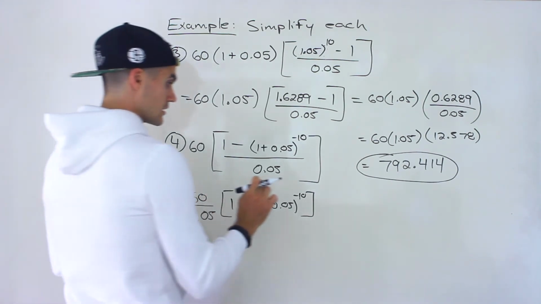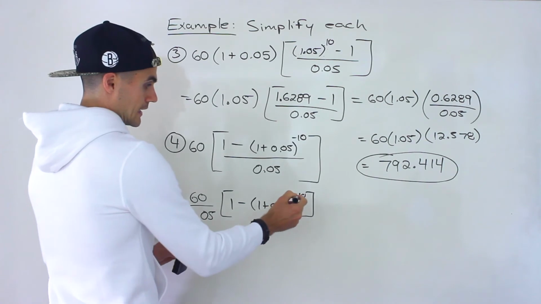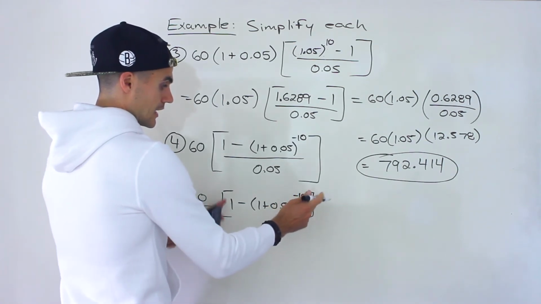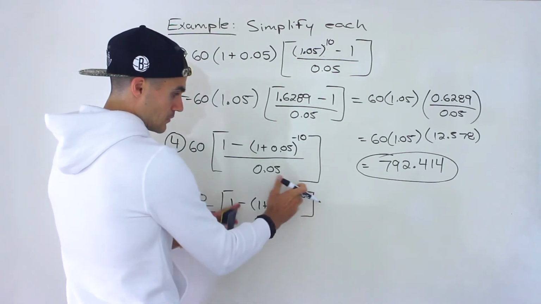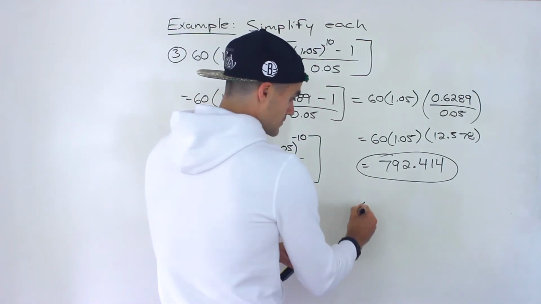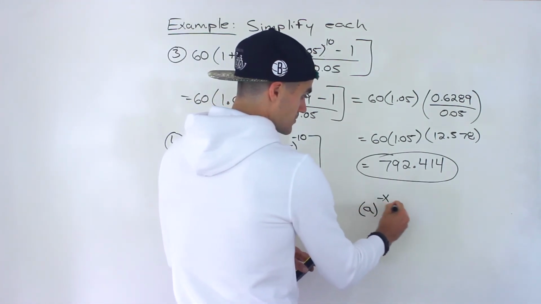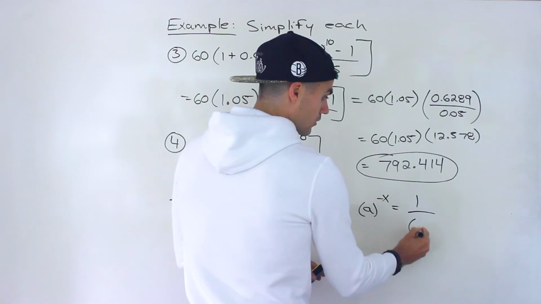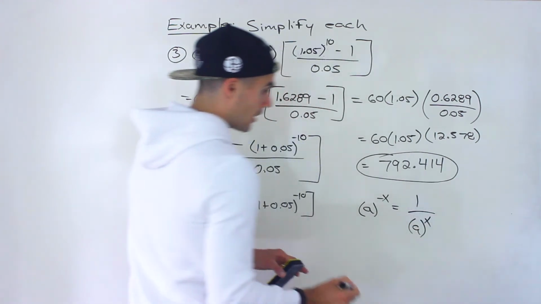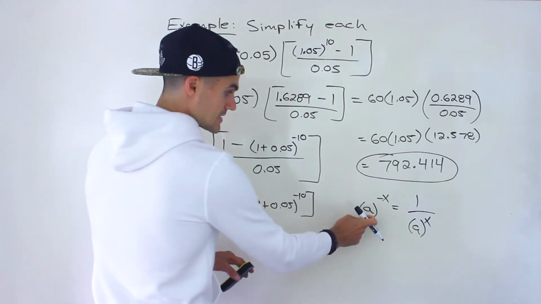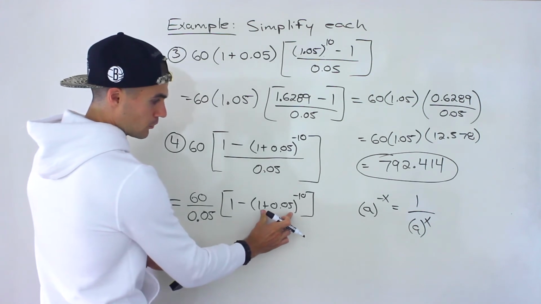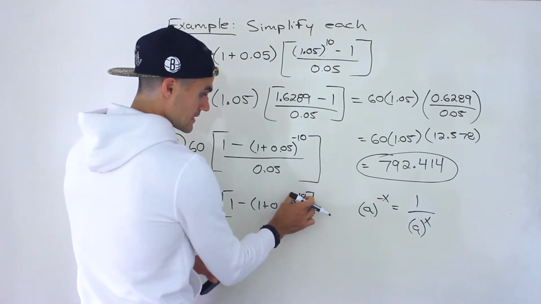And then actually what you want to do is another format this could be in, this -10 we can bring down. Remember, if we have some kind of expression to a negative exponent, that's equal to 1 over that same expression to the power of the positive exponent. So in this case, the a is this entire 1.05, and then this is the negative exponent.